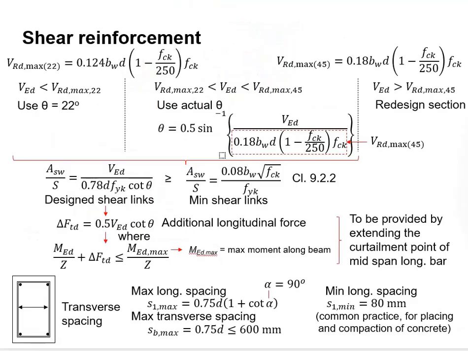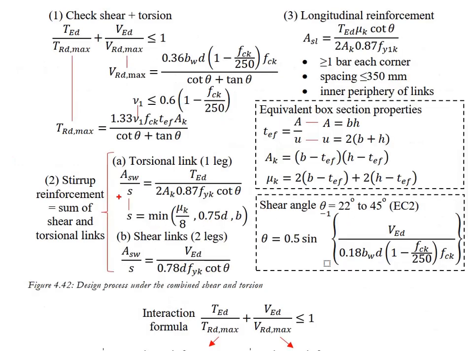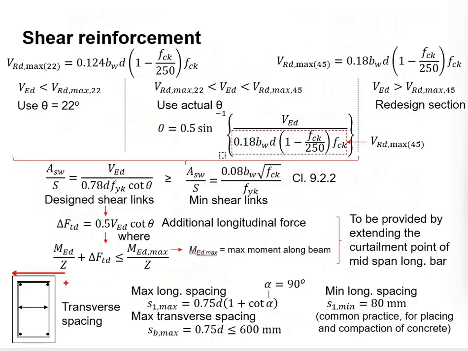At the same time, there is also a control in terms of the spacing for the shear reinforcement. It should not be more than 0.75 effective depth of the section, leaving you the maximum spacing, which will be the smallest value of the three. This is due to the torsional resistance. This is due to the consideration of the spacing for the shear link. How about this b? The b here refers to the smaller width of the cross section.